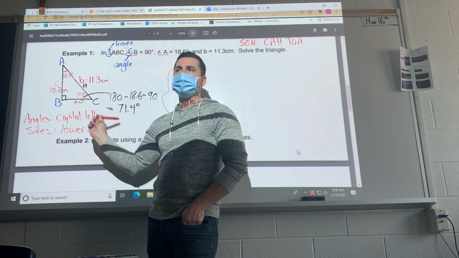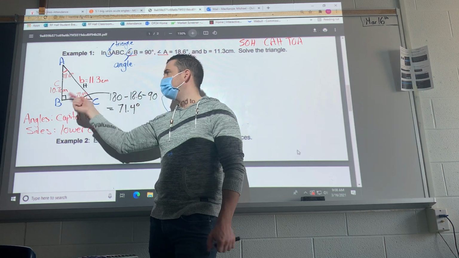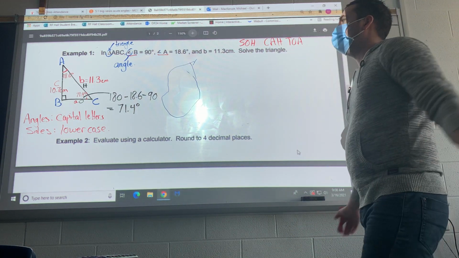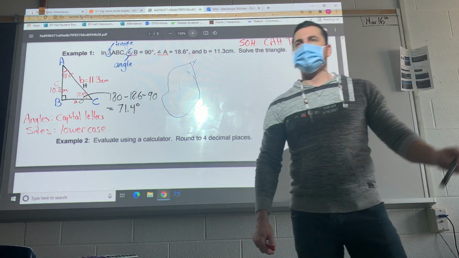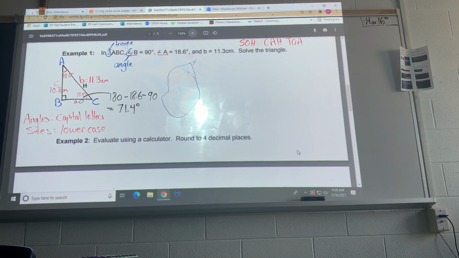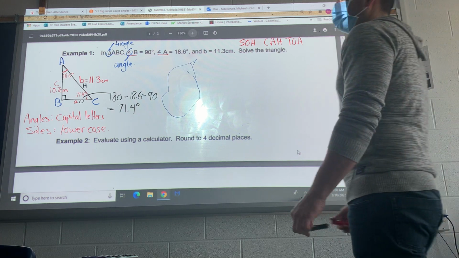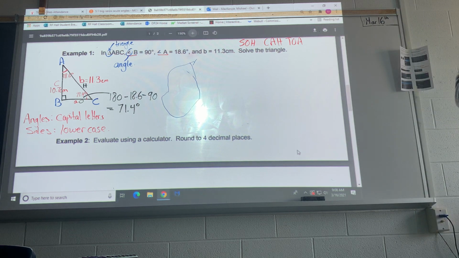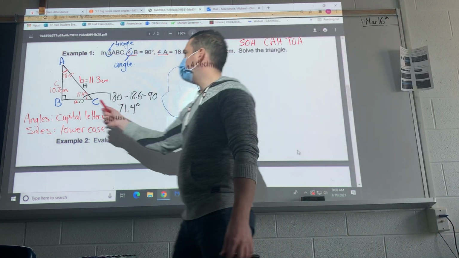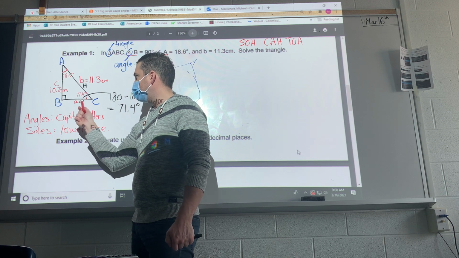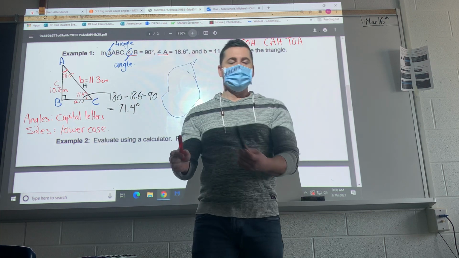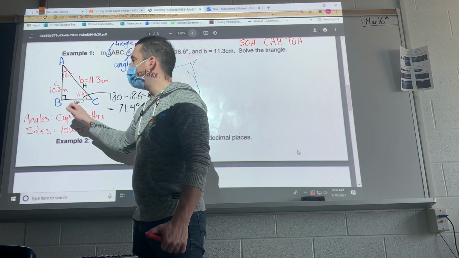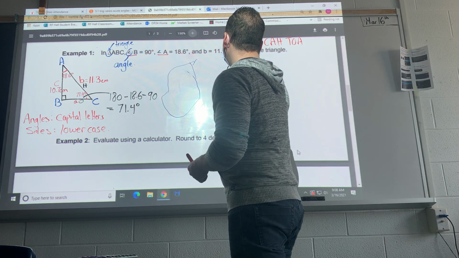Make sure you have your units, so in this case degrees and centimeters, whether it's angle or side. Okay, and we're missing one last thing. What's the last thing we need to find? Well, we need the opposite side, this is side A. Since we have two sides and we need to find a third, we're just going to do the Pythagorean theorem.